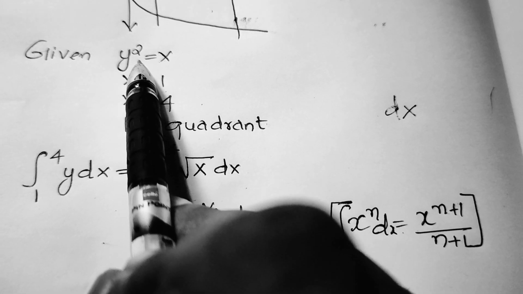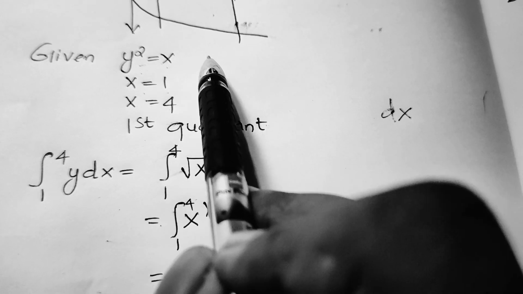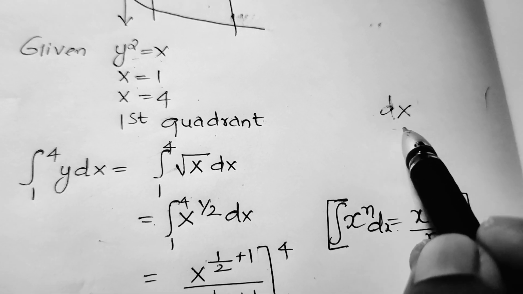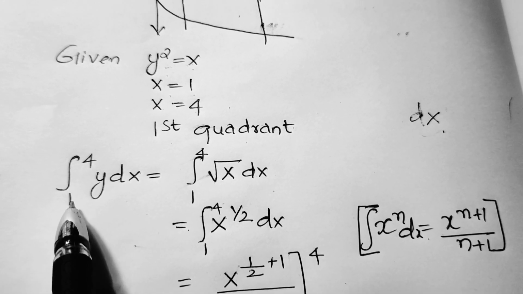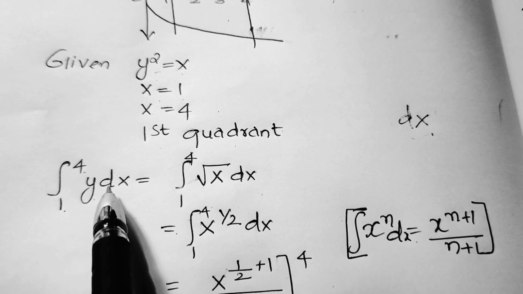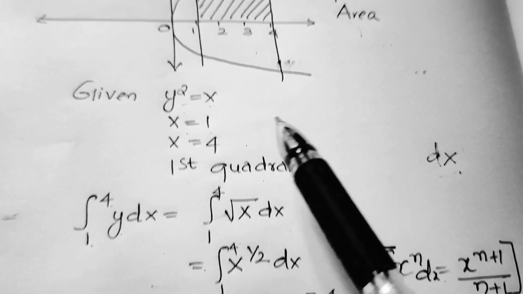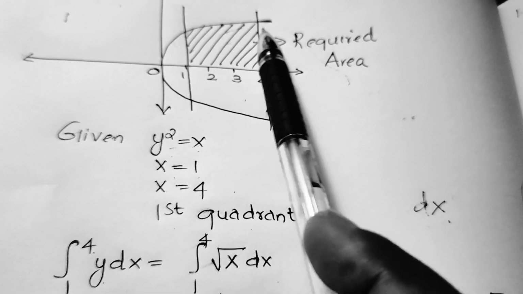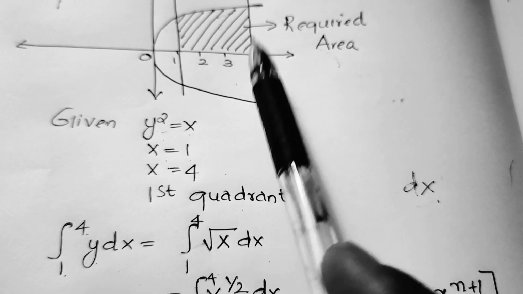Here it is y square is equal to x. So we need to convert this into a form such that we can integrate it with respect to dx. So that's why we are going to write it as integral 1 to 4 y dx. Why are we writing it as y? Because y represents this curve, this curve closed by x is equal to 1 and x equal to 4.